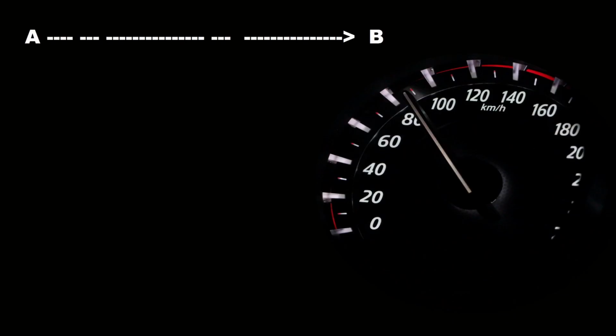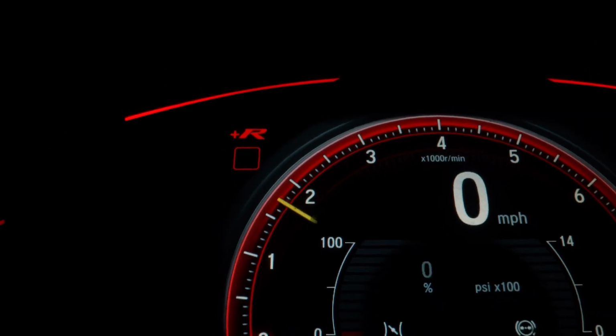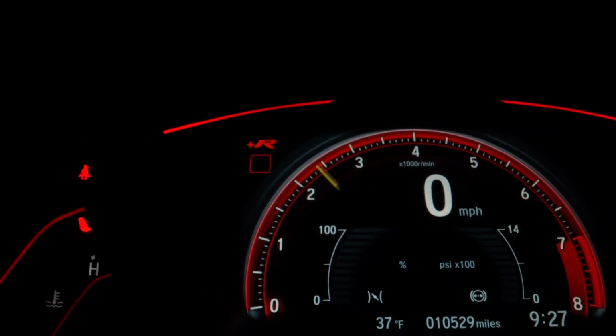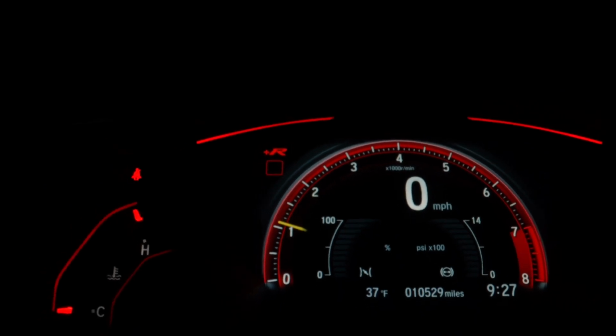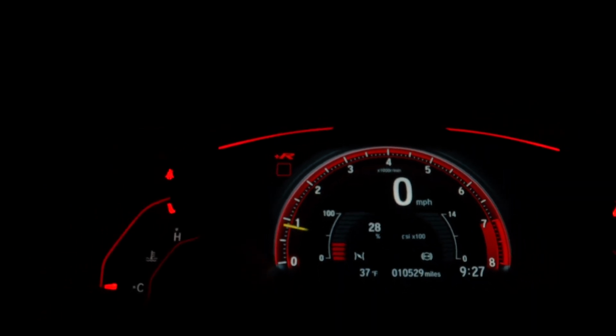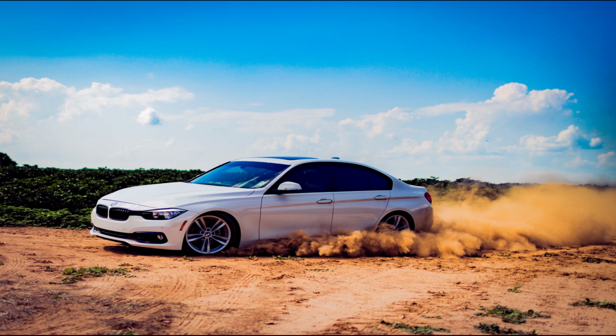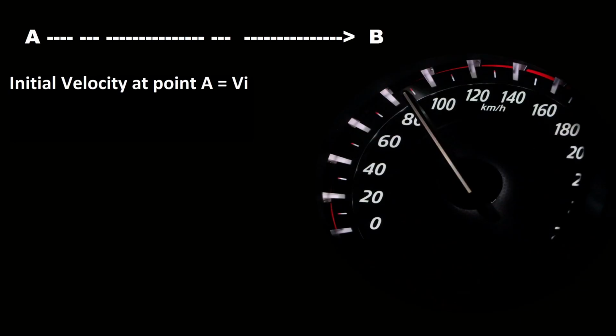So let's consider any body that is moving from point A to B. If at point A a body is stationary, at rest, it means the initial velocity of the body is 0. If at point A a body is still moving and has a certain speed, then obviously Vi will have a certain value.